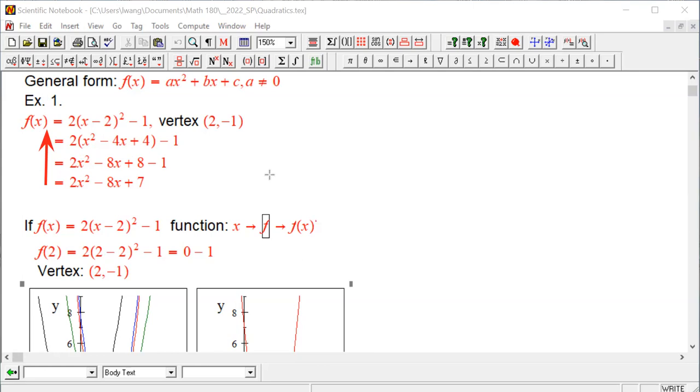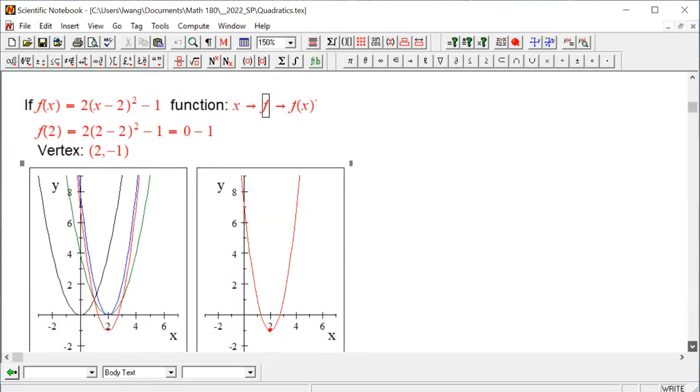The answer is yes. In this section, we're talking about a method called completing the square to make that happen. Knowing the perfect square form is very, very useful for us, because we can then identify the lowest point, and the lowest point will tell us when the function assumes its minimum value.